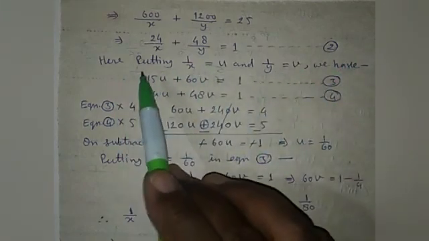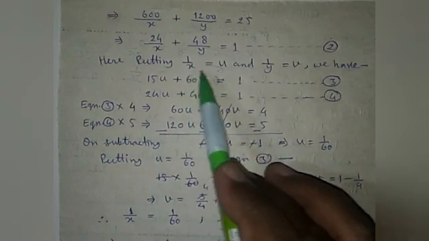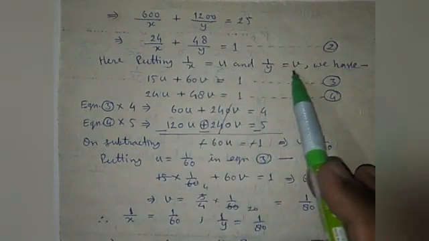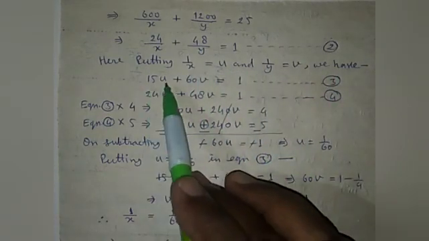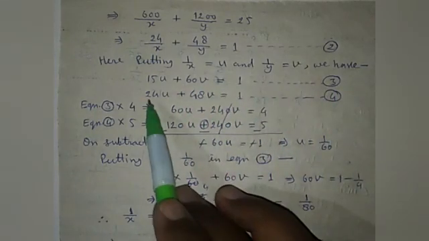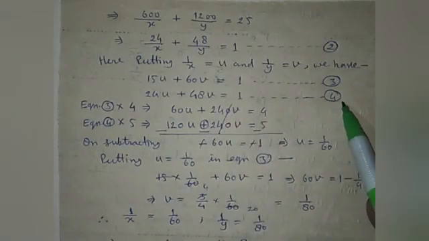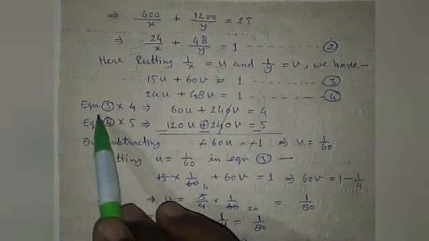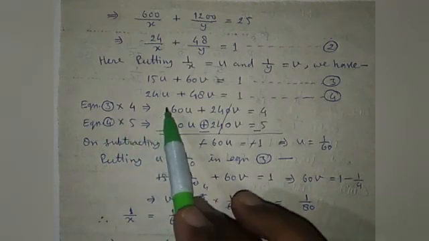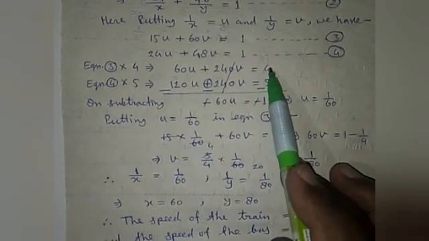Now here also the variables are in the denominator in both the equations. So putting 1 upon x equal to u and 1 upon y equal to v, we have 15u plus 60v equal to 1. Let it be equation number 3. And 24u plus 48v equal to 1, that is equation number 4. Now multiplying equation 3 by 4, we have 60u plus 240v equal to 4.